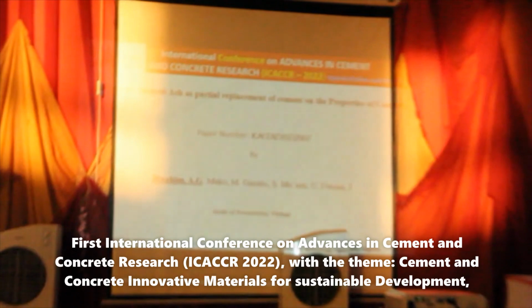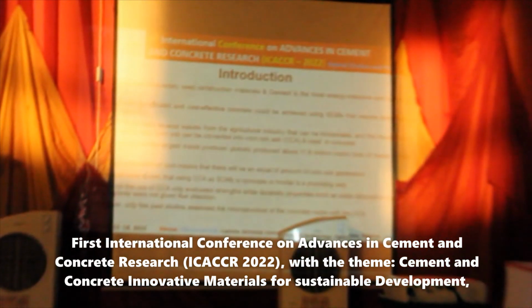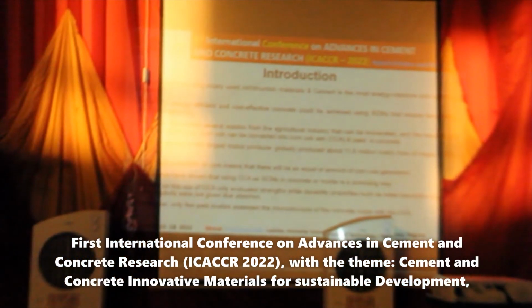The topic is effect of corn-cob ash as partial replacement of cement on the properties of concrete. Concrete is the most widely used construction material, and cement is the most intensive and expensive material. Portland cement is the most common binder used in concrete production.